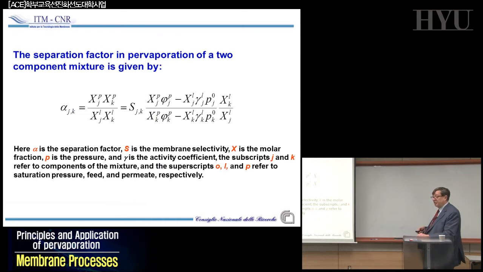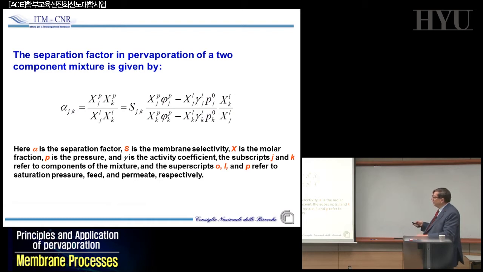Selectivity is just a measure of the ratio of the two permeabilities. You can also define what is called a separation factor of the two components in your system. In this case, the term that you have to introduce is the molar fraction of the component J in the permeate side, that means in the gas phase at the permeate side, and in the liquid phase in the feed solution, multiplied by the ratio of the molar fraction of the component K in the permeate side and in the liquid phase.